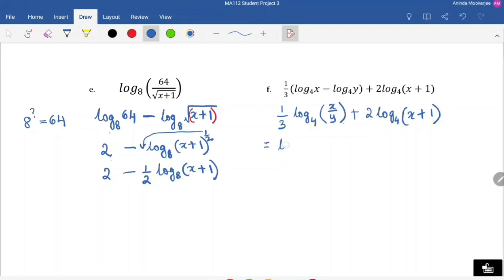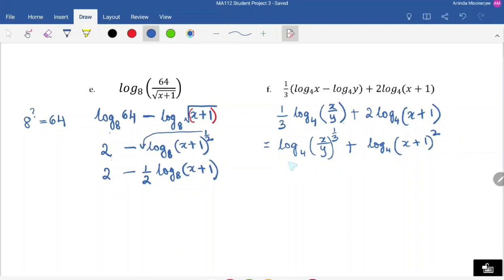So I'm going to write it as log base 4 of x divided by y raised to the 1/3 plus log base 4 of x plus 1 squared. So now we have log base 4 of x over y to the 1/3 plus log base 4 of x plus 1 whole squared.